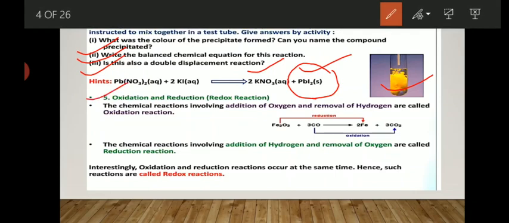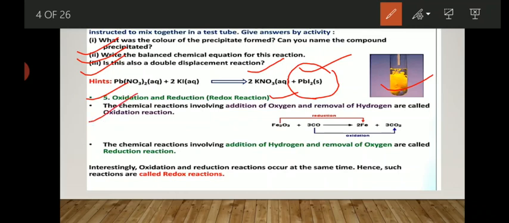What are oxidation and reduction? First, let me explain what a redox reaction is. Whenever oxidation and reduction take place in a single reaction simultaneously, that type of chemical reaction is known as a redox reaction. Now let's understand what an oxidation reaction is.